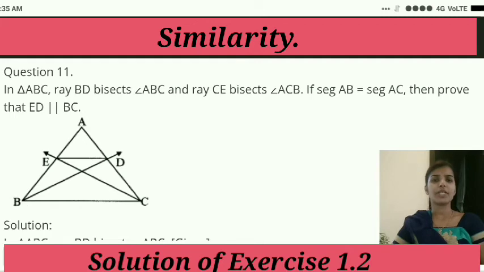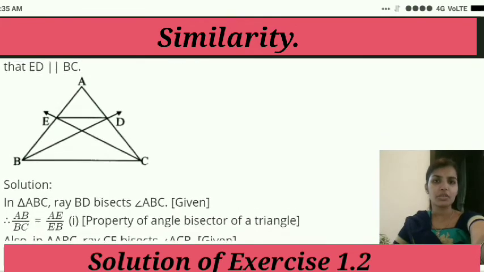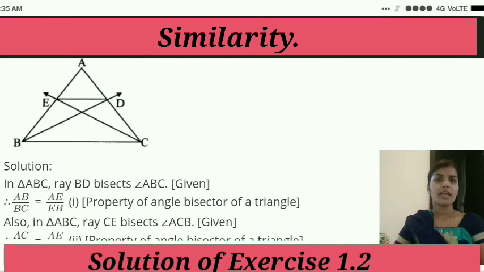So in triangle ABC, ray BD bisect angle ABC. Then our ratio is AB upon BC is equals to AE upon EB.